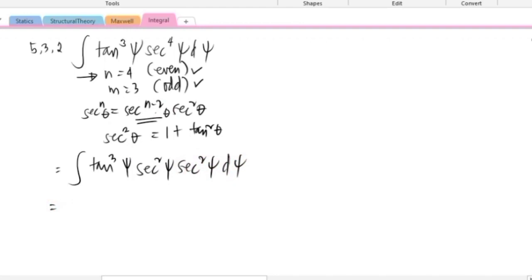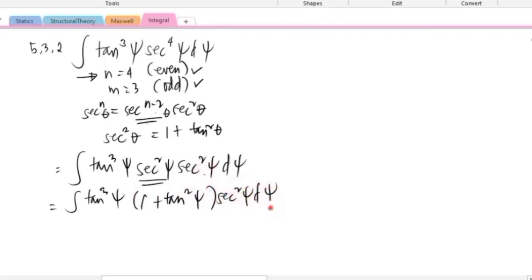And I have here integral of tangent cube, and si secant yung ito yung term na secant n minus 2. So that's secant ay magiging tangent. So 1 plus tangent square psi times this one, secant square psi d psi.